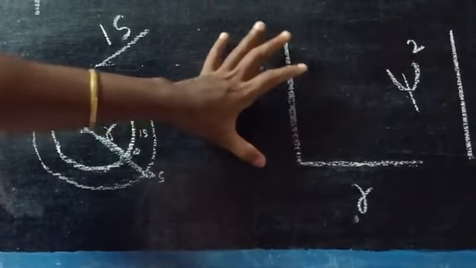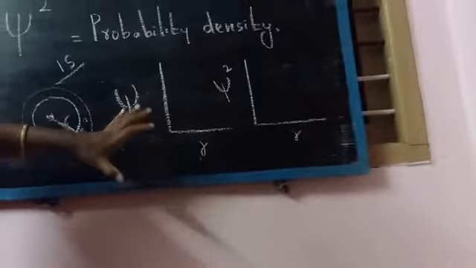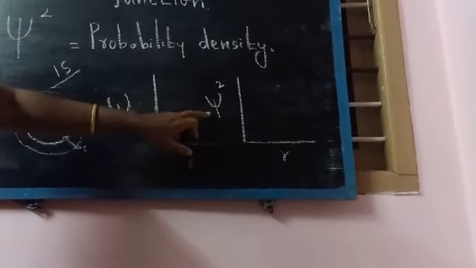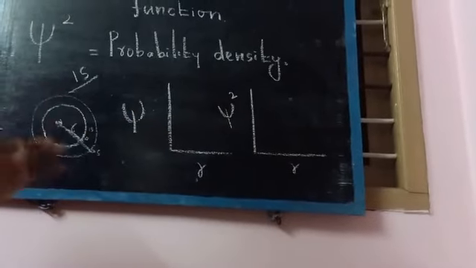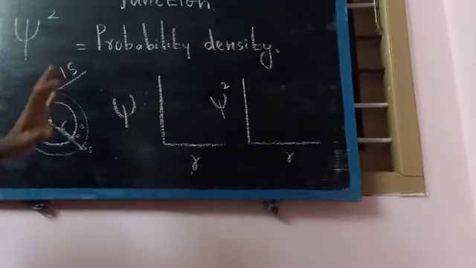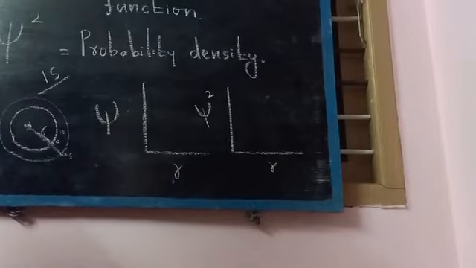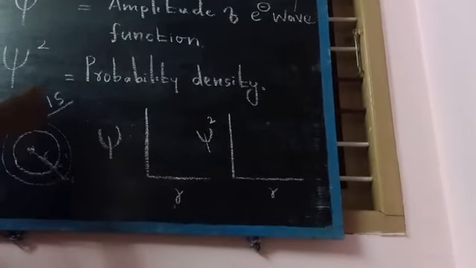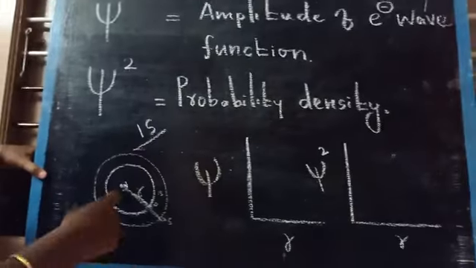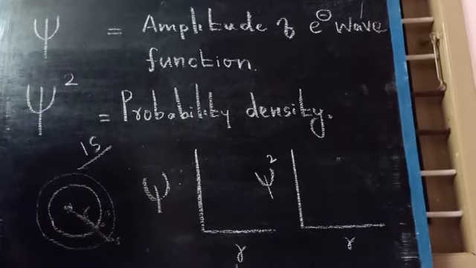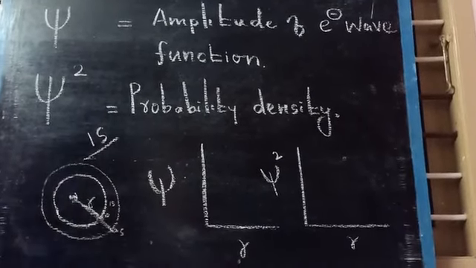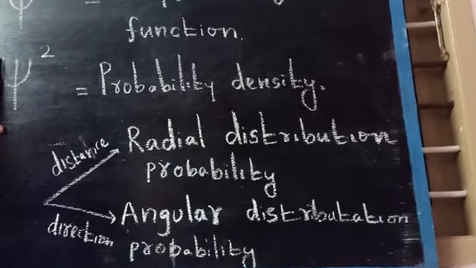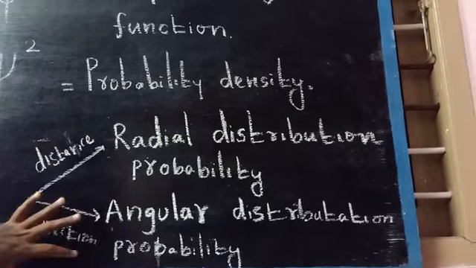Okay, so the first graph does not give a clear idea about this. The second graph, psi square versus R, gives the clear idea about 1s. Before that, psi square, the probability density, varies in two ways.